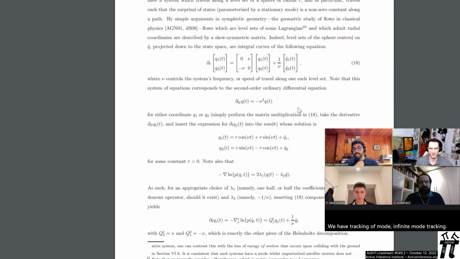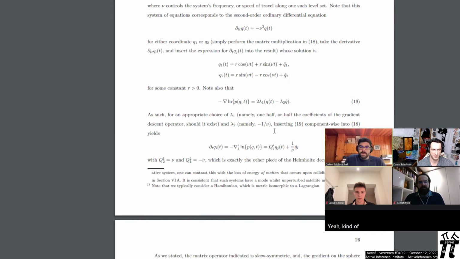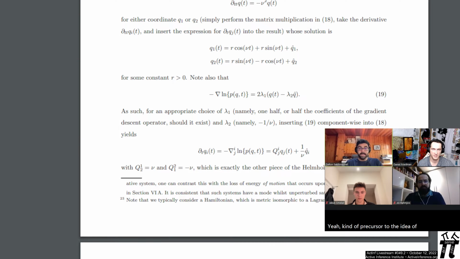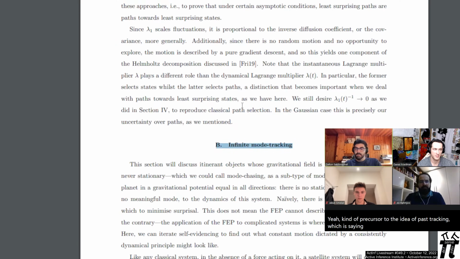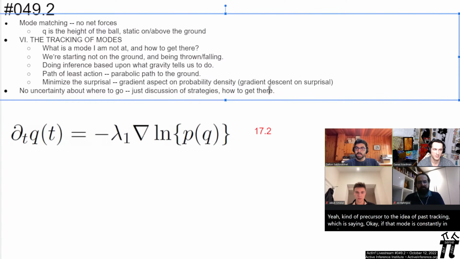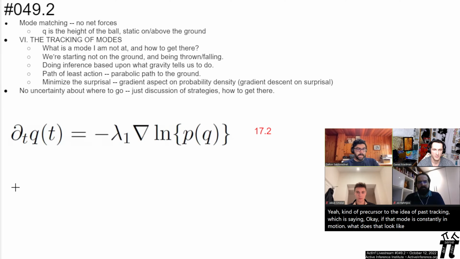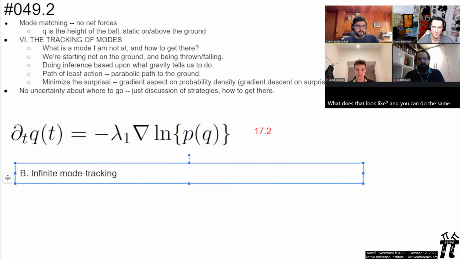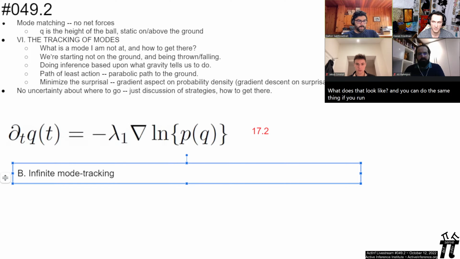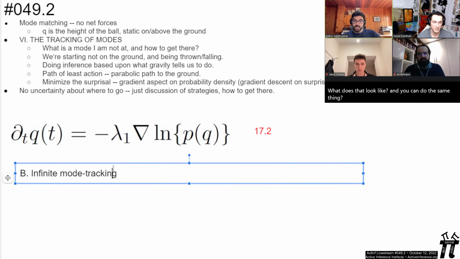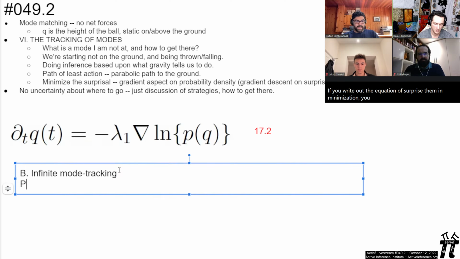This is the kind of precursor to the idea of path tracking, which is saying, okay, if that mode is constantly in motion, what does that look like? And you can do the same thing if you write out the equation of surprisal minimization. You can get the idea of continuous motion as well.